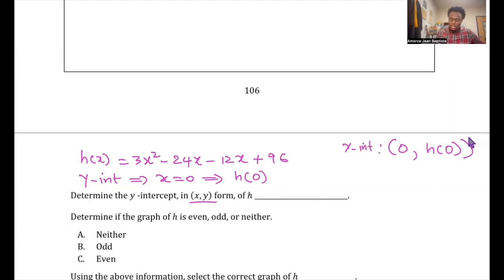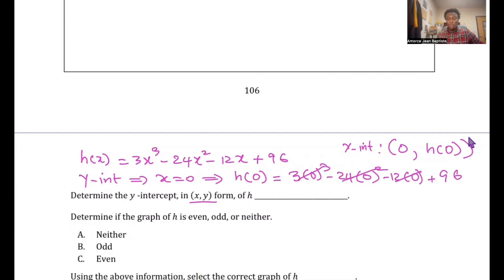So h of 0 would be 3 times 0 to the third, minus 24 times 0 to the second, minus 12 times 0, plus 96. Everything that's 0 here reduces to 0. So h of 0 is 96, and your y-intercept is x equals 0, y equals 96.